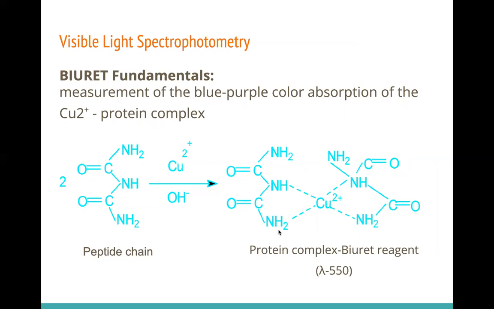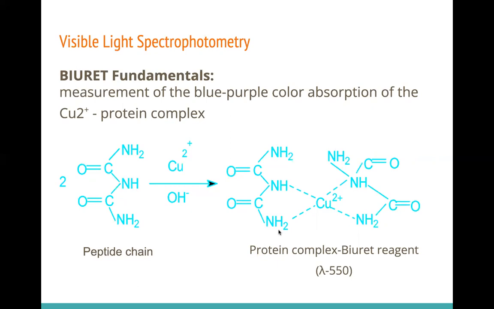analysis. The Biuret analysis measures the complex formed between the peptide chains and the Biuret ion, such as Cu2+.